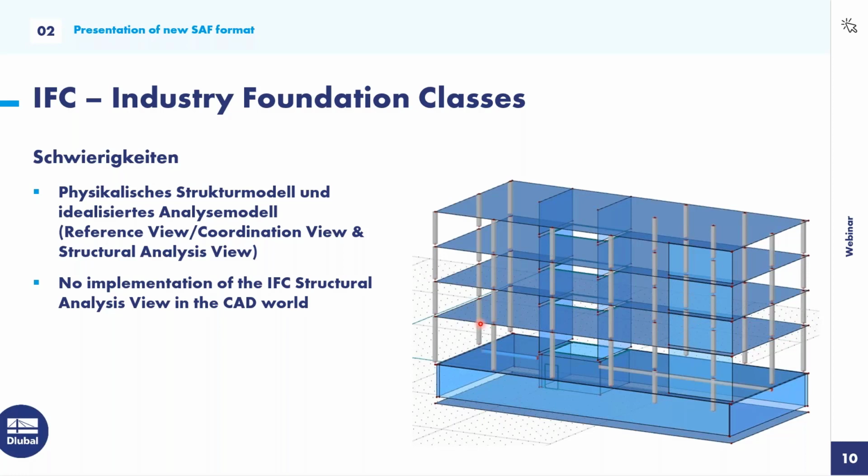And when you import it to a structural analysis program, they are missing the links between the structural axis of the objects, like from the column or from the surfaces. So you see here the gaps.